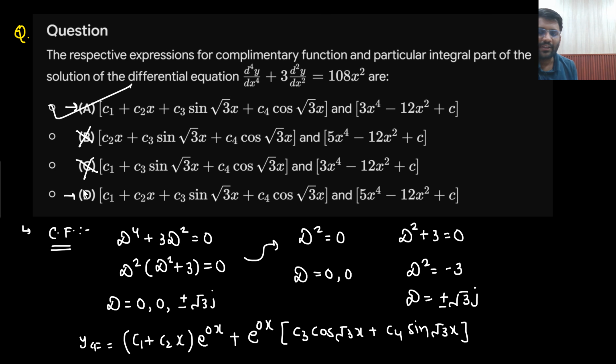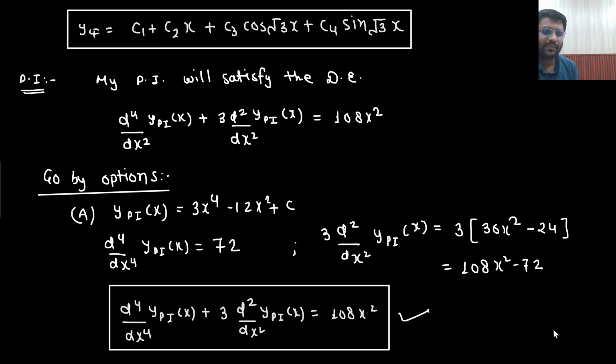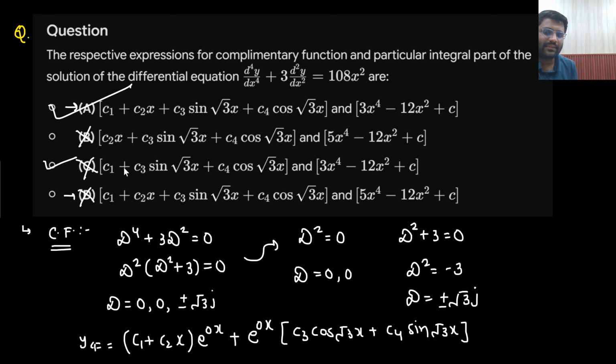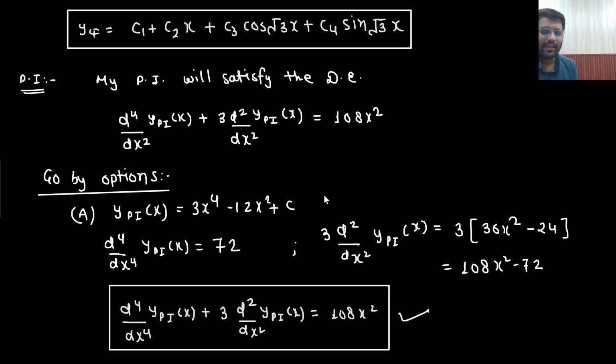So option B is wrong, option D is wrong. This question is not correctly framed, to be very honest. I would say that C can also be correct. Why can C also be correct? Because they are talking about the complementary function. This is the complementary function I am getting. What is option C saying? C1 plus C3 sin under root 3x, C4 cos under root 3x. Here, sir, C2x is not present. So yes, I told you one thing, that each of them is alone sufficient.